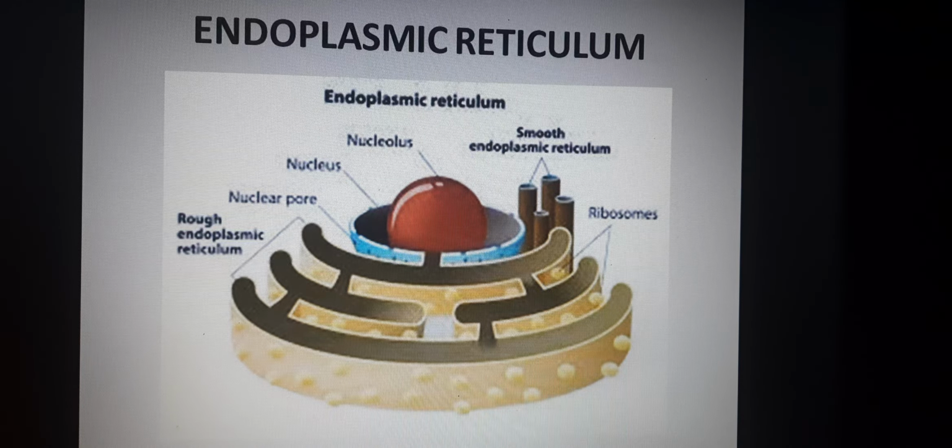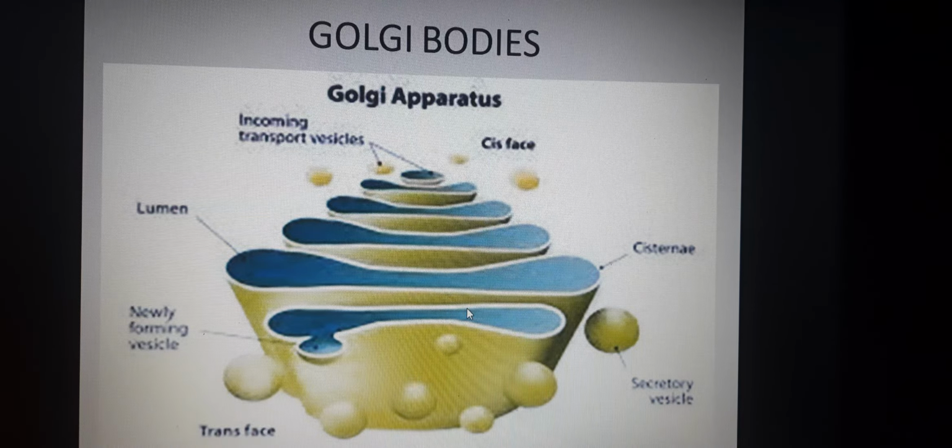These are the ribosomes, attached to the endoplasmic reticulum. Here you see the nucleus, and from the nucleus the endoplasmic reticulum is coming, and on the endoplasmic reticulum these ribosomes are attached. This is the Golgi apparatus.